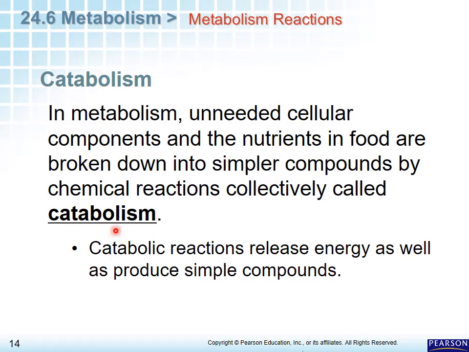So in catabolism, what is going to happen? The components of the nutrients or unneeded cellular components are broken down into simple compounds. This is called catabolism. Cata means to break. Catabolic reactions release energy as well as produce simple compounds.